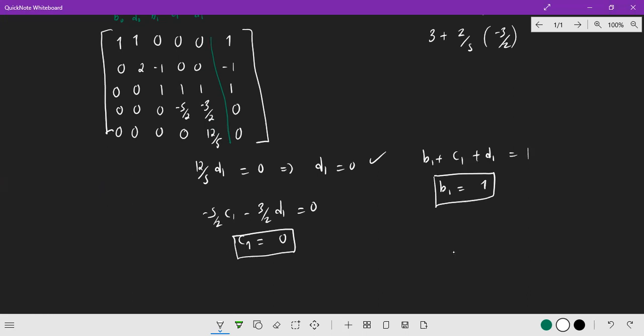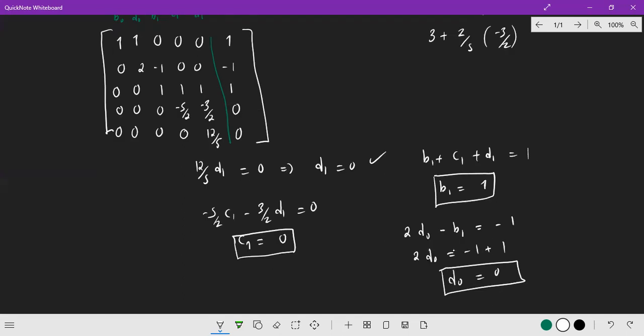For this here, this will be 2 D naught minus C1, because that's the position for B1. That's the position for B1 is equal to negative 1. Okay, so 2 D naught is equal to negative 1 plus B1 is 1, right? So from this, you see that our D naught will just be equal to 0 as well. Okay.